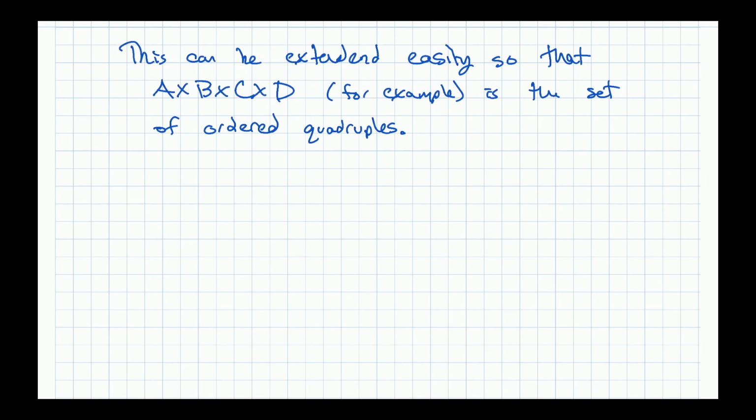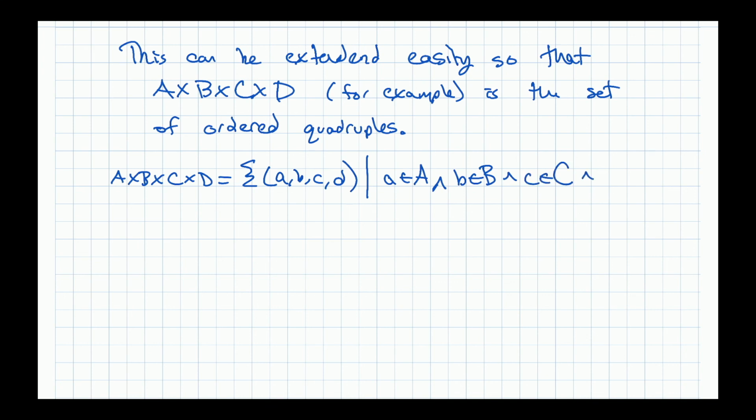So A cross B cross C cross D would be the set of all (a, b, c, d), such that you have to get the a from A, the b from B, the c from C, and the d from D. I did 4 there, but you could have done 3, or any number.